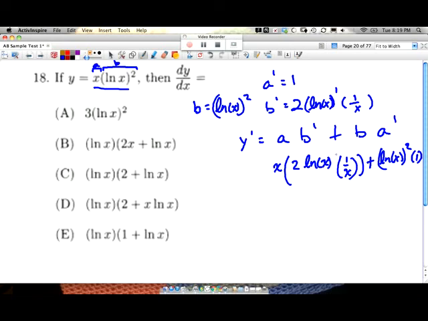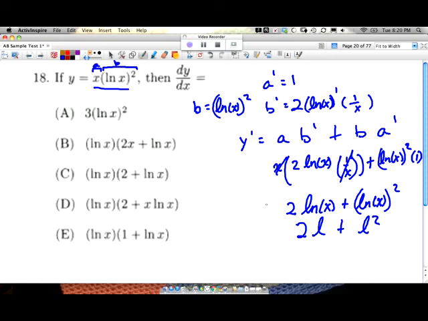Alright, so I don't think it's this easy. Let's simplify just a little bit, see what we can get. Okay, so this 1 over x and this x, those cancel each other. Then we have 2 natural log of x plus natural log of x squared. Some people are looking at this and see it as like 2l plus l squared.